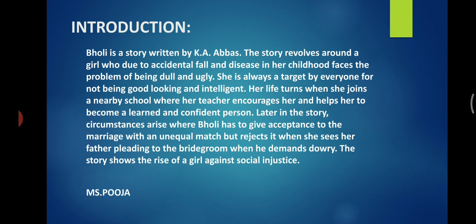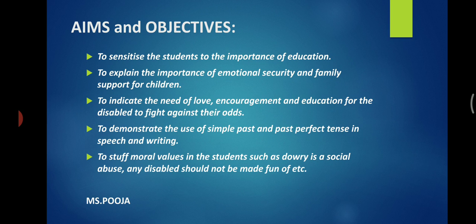Later in the story, circumstances arise where Bholi has to give acceptance to a marriage with an unequal match, but she rejects it when she sees her father pleading to the bridegroom when he demands dowry. The story shows the rise of a girl against social injustice.